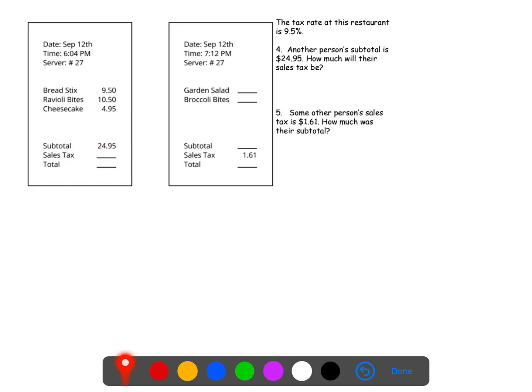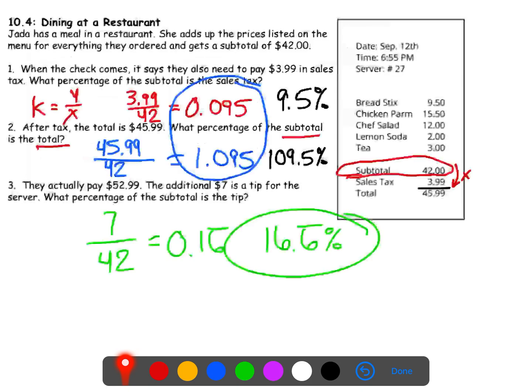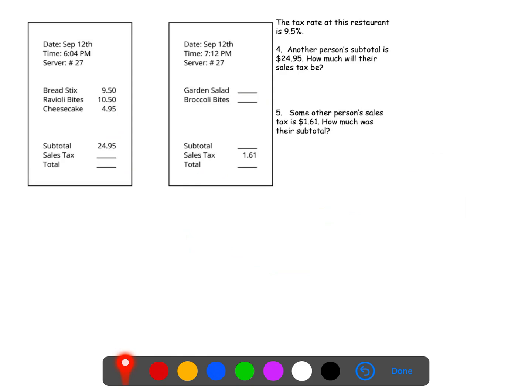Okay, well, we're told the tax rate. We found that in the last situation. So we need to find 9.5% of the subtotal. Remember, in the last example, we did a lot of division, and we were dividing to find that percentage in each of these questions. And that percentage was that constant of proportionality that we were talking about.